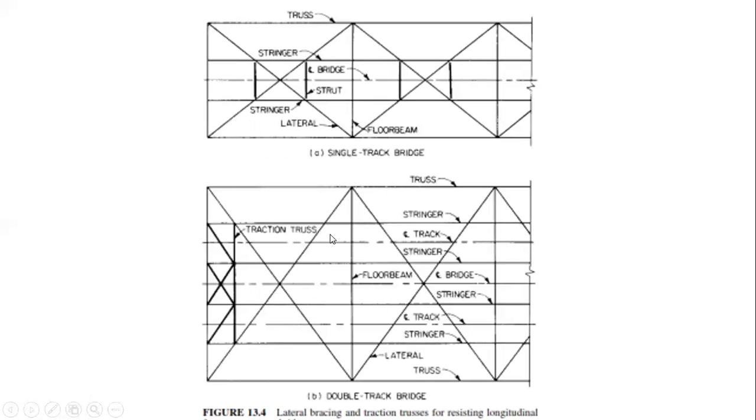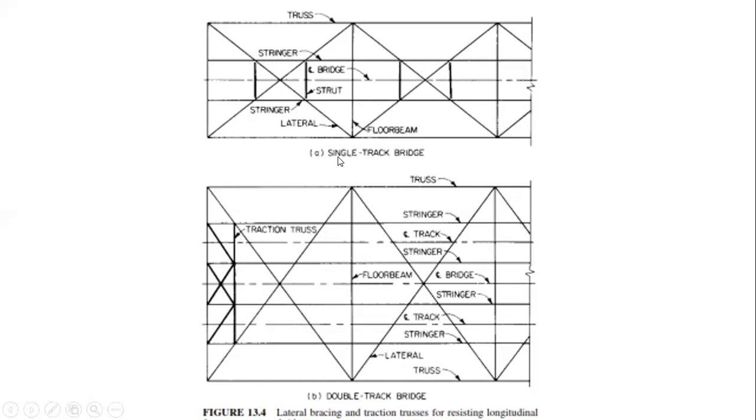Now, when there is a longitudinal force, this means that when the train accelerates or applies the brake, we have to provide a special type of bracing on the track to account for this acceleration or braking of the train. So what we'll do here, this is my stringer, I already explained to you. This is my stringer, this is my cross bracing.